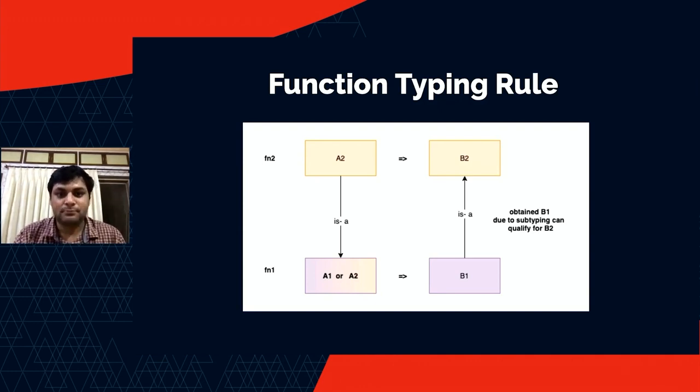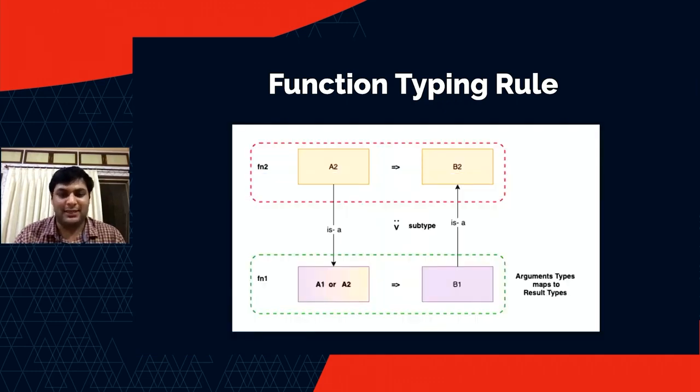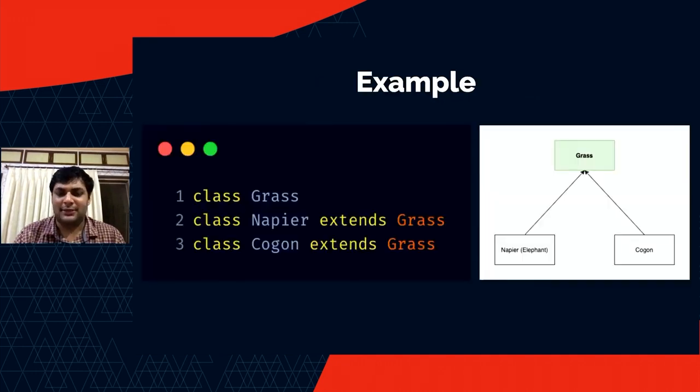Thus we are able to map the inputs to our output type with Function1. So Function2 is a specialized one, and we can say that Function1 is a subtype of Function2. Therefore, it's contravariant on the input and covariant on the output.